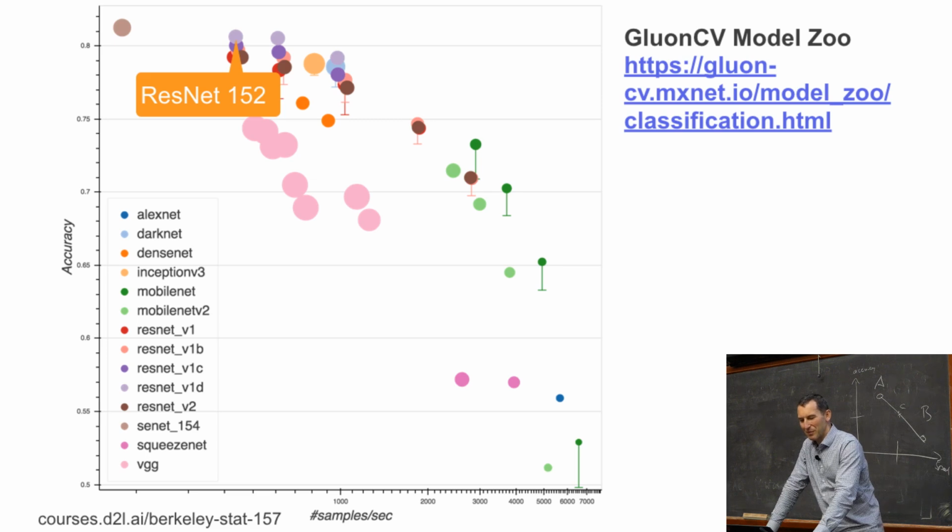This is now ResNet 152, and it's pretty much state of the art. It's slower, but it's much more accurate. It's actually smaller in terms of footprint than the inception network that we saw before. That would have been the orange circle to the right.